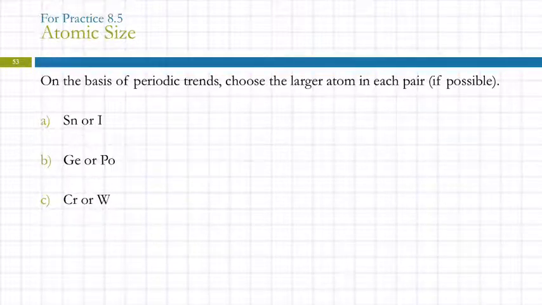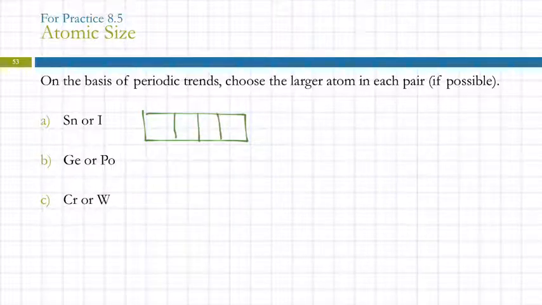So tin and iodine. I'm going to draw just a little piece of the periodic table here. So there's tin, and here's iodine. They're in the same period. So which is going to be bigger?